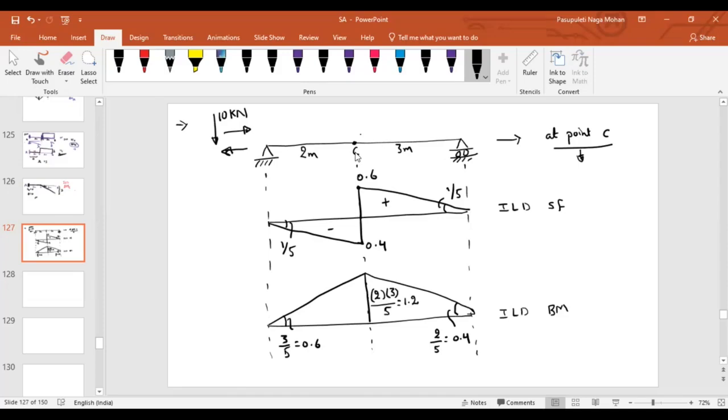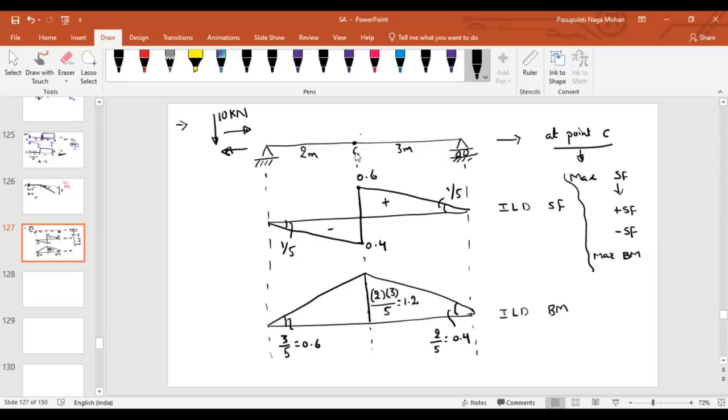So at point C, what I am interested in is the maximum shear force, in particular the maximum positive shear force or the maximum negative shear force, or the maximum bending moment, right? If I can find these values, then I will design this entire beam for these values.